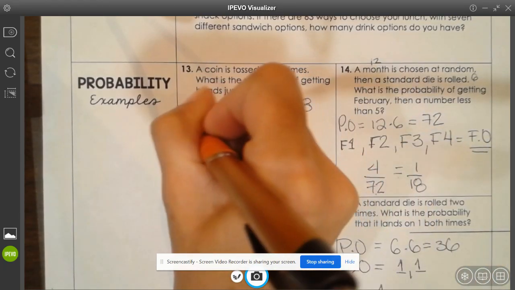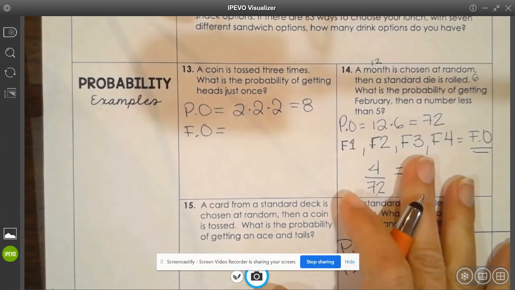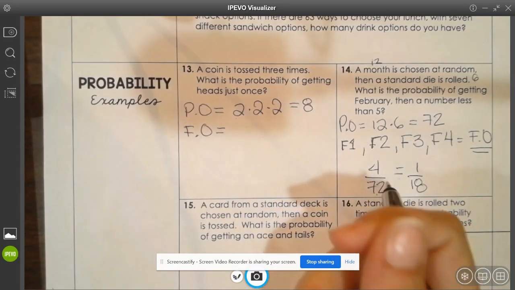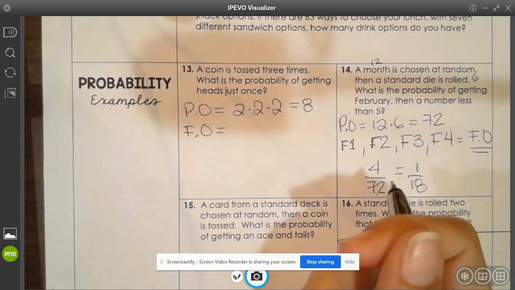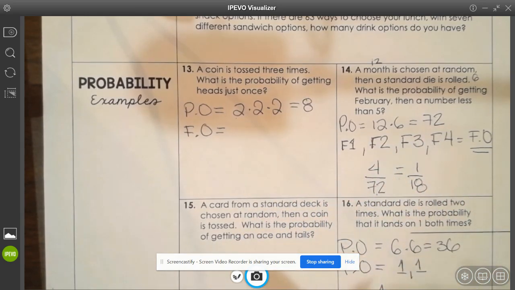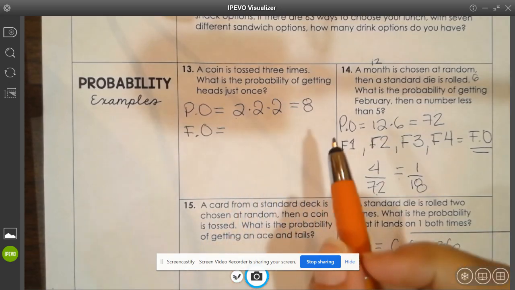The favorable outcomes are, well, if you toss the coin 3 times, these are the possibilities.